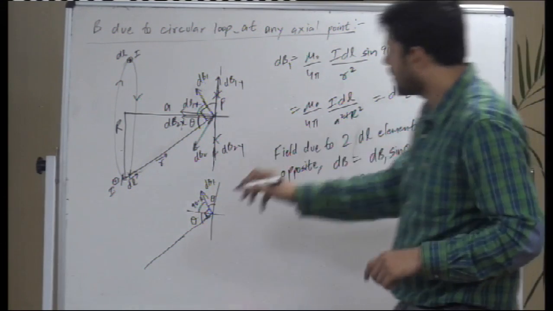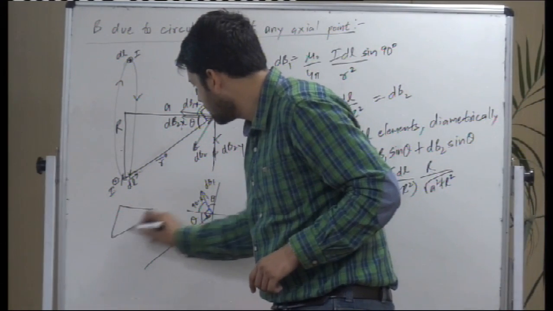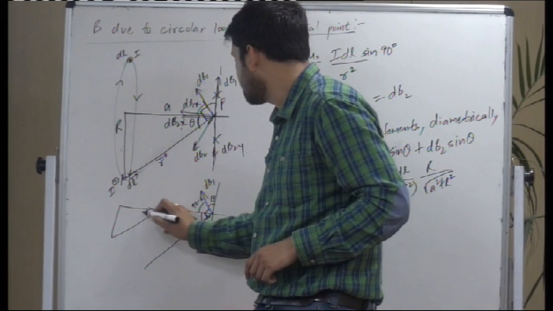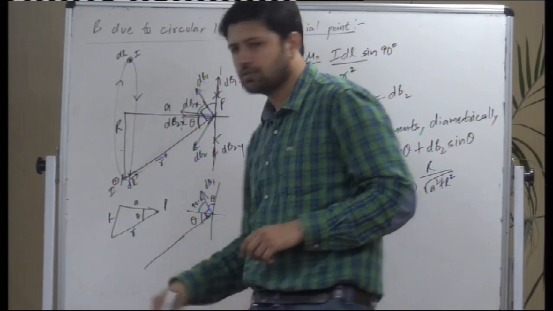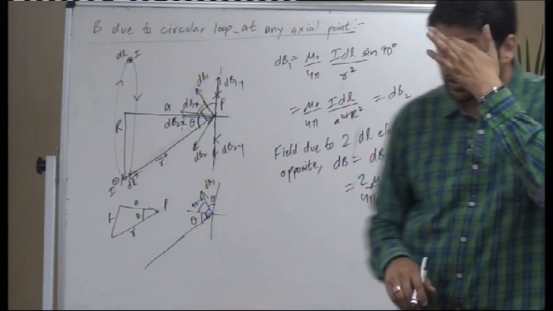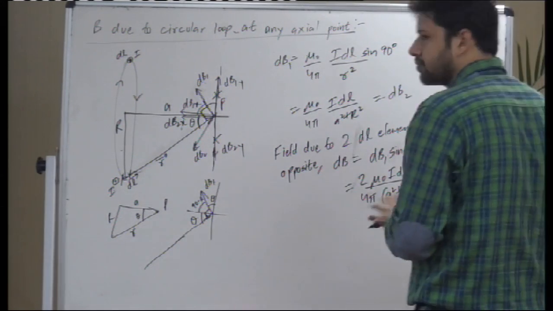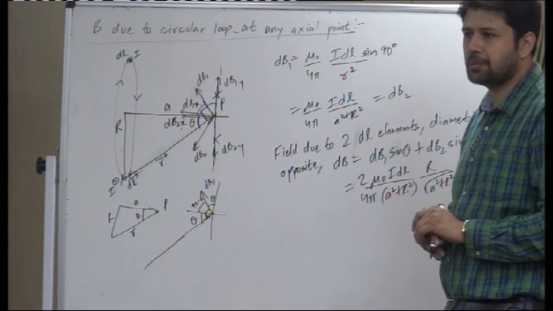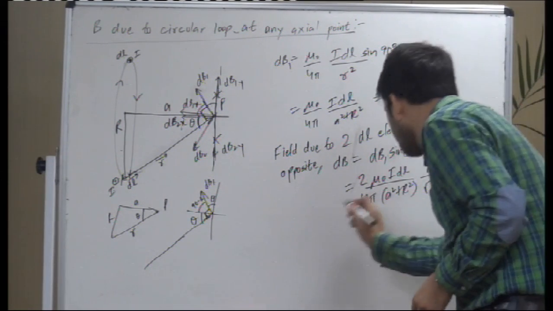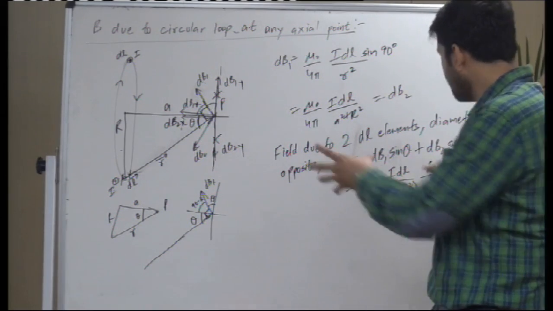Okay, the triangle is this. This is the point P. This is the angle theta. This is r, the radius of the ring, a. This is small r, the distance, right? Out of this only dl is the variable. All of them are constant, right? So dB, you can combine it.